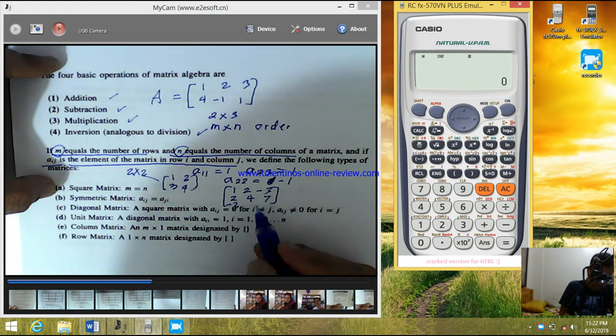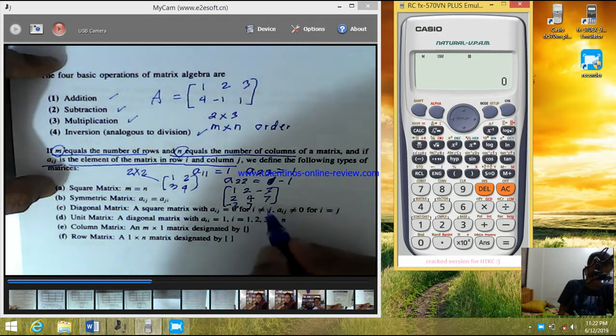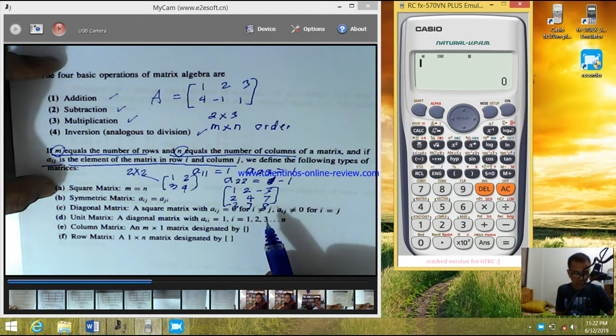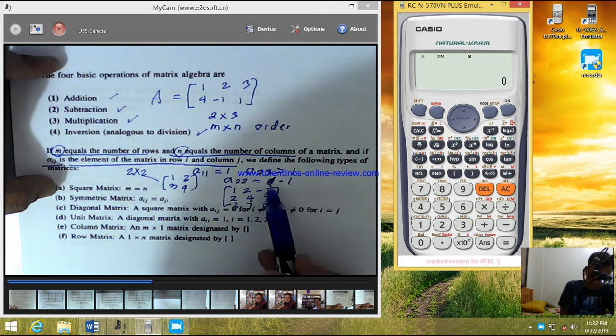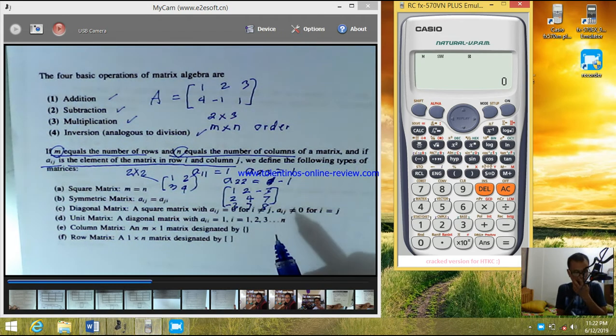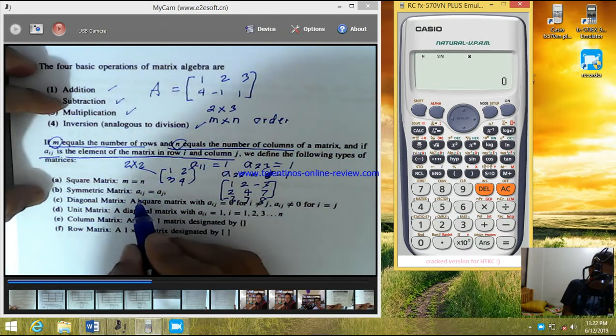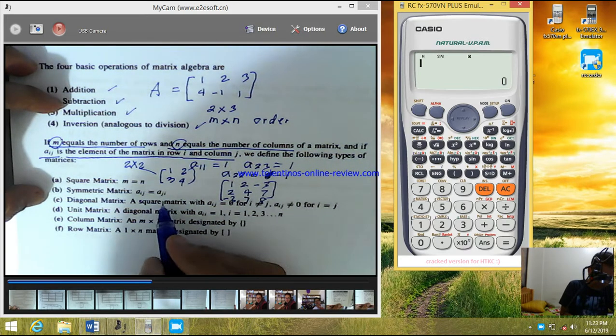Ito yung row, so 2, 4, 7 din siya. And then 8. So, yung row niya is the same as column. Basically, aij is the same as aji.